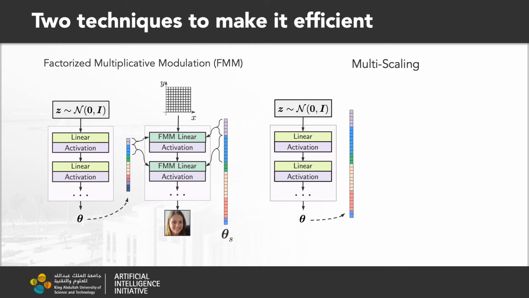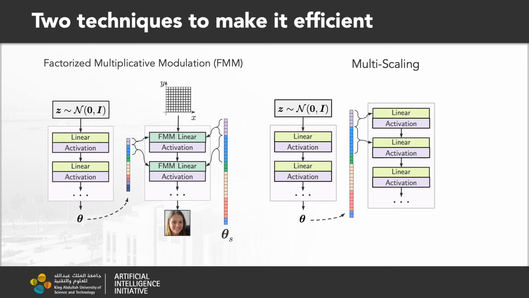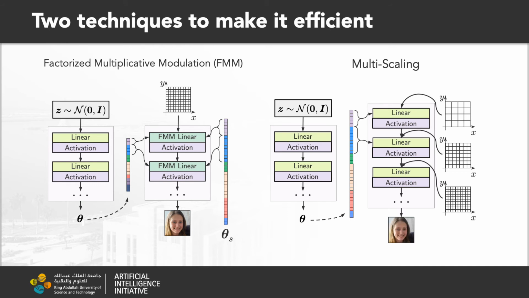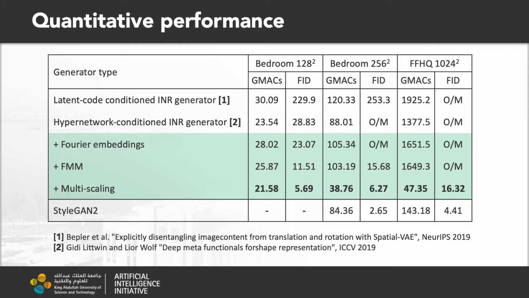Multiscaling assumes that after we produced the parameter vector and plugged it into the generator, we compute the final image on a sequence of coordinates grids of progressively higher resolution. This allows to save computation at earlier stages of the generation process. Employing these techniques allows us to outperform existing INR-based decoders and almost match the performance of the convolutional ones.